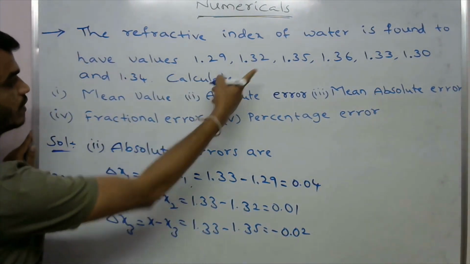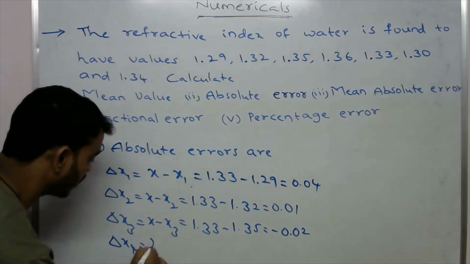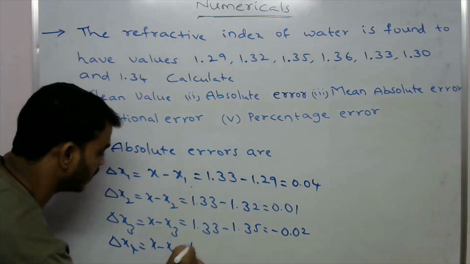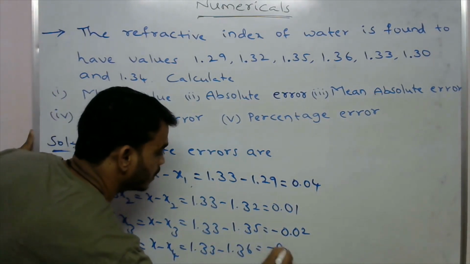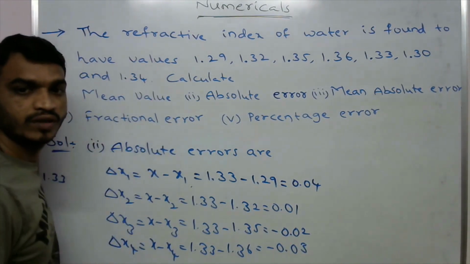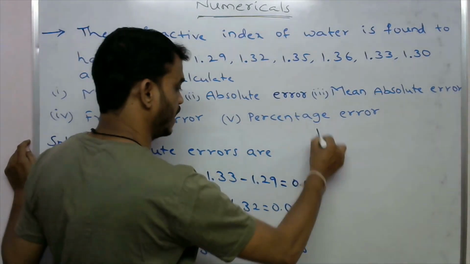The next is delta x4 equals x minus x4, that is 1.33 minus 1.36, so minus 0.03.